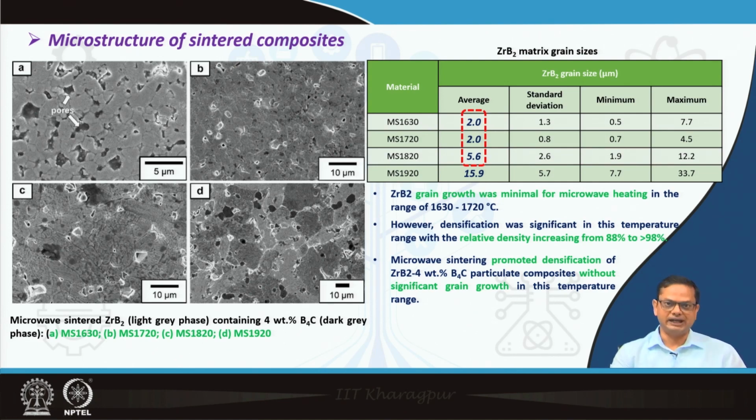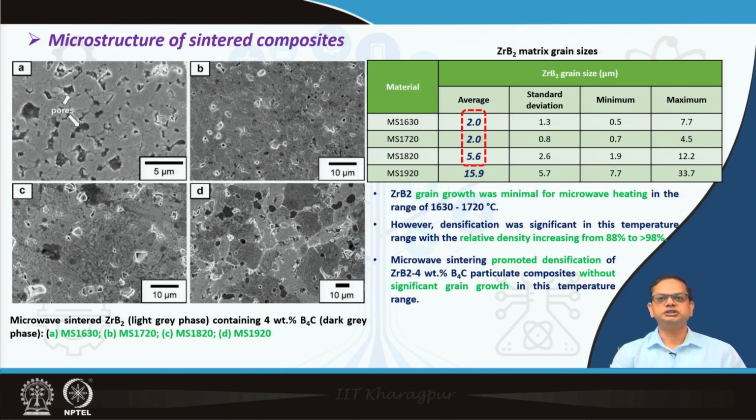But not only that. If you are going to a higher temperature, you see there are two different phases, one is ZrB2, the other one is these B4C particles. Now, B4C particles and ZrB2 particles being two different materials, they have a certain difference in their coefficient of thermal expansion, which we term as mismatch in CTE, or mismatch in coefficient of thermal expansion.